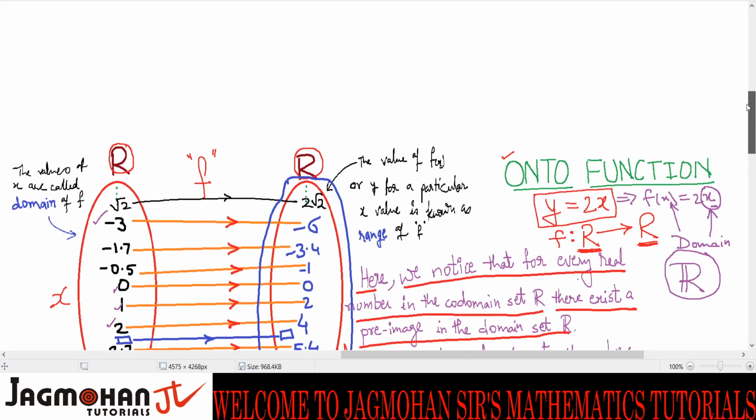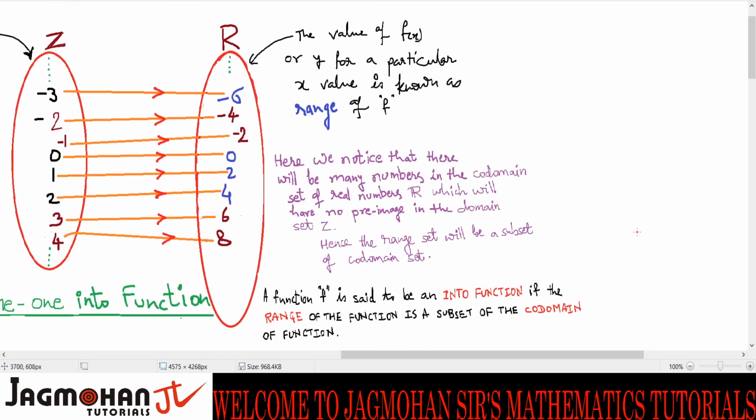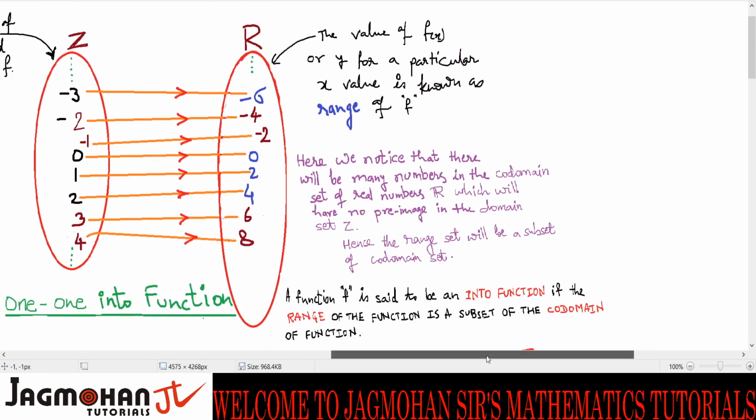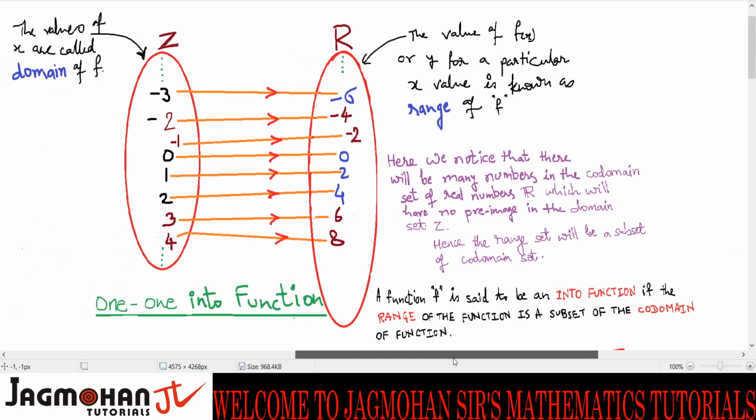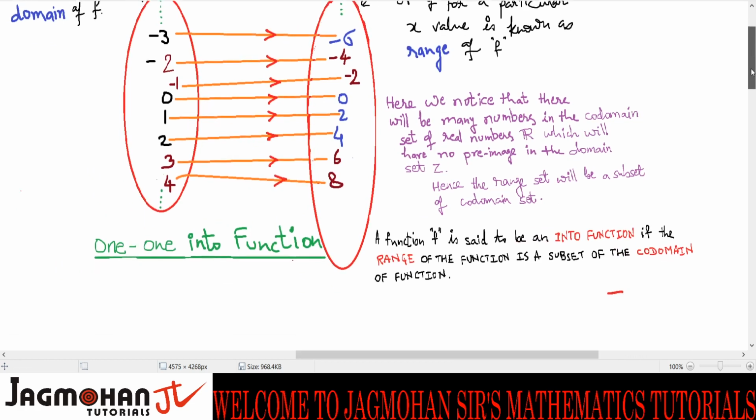To explain this in a much clearer way, I will teach you into function in the next video. Once you understand into function, then you will get a proper idea about onto function.